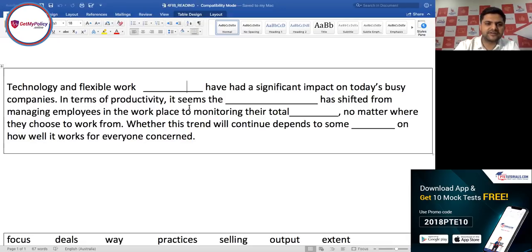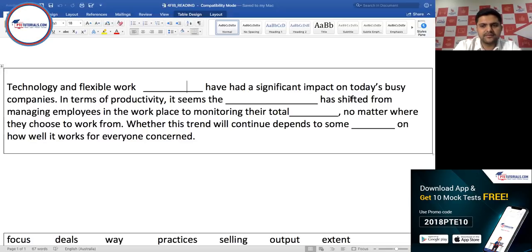And it seems the dash has shifted from managing employees in the workplace. Now we'll look for a collocation that goes easily with shifted, so let's try each word. In terms of productivity, it seems the focus has shifted from managing employees in the workplace. It seems the deals has shifted.